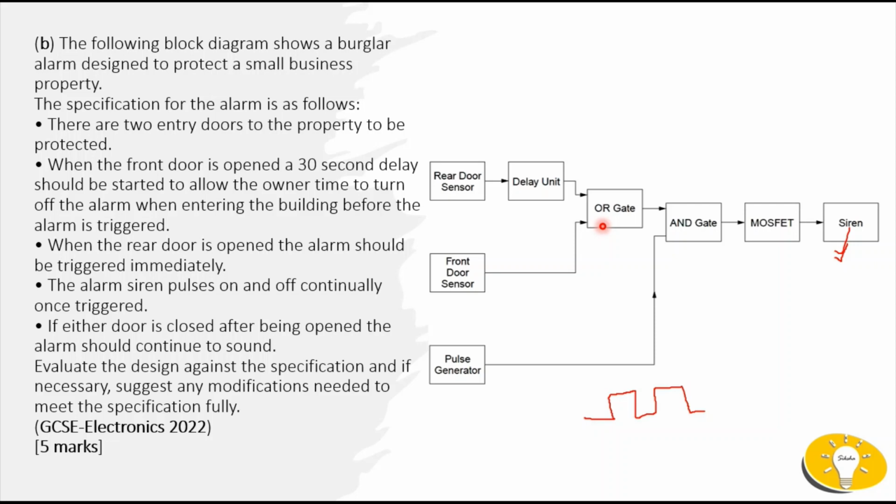Obviously you should find the good points: both doors have a sensor, which is required, which is a plus point. And we have already identified, I think, three limitations or problems in this block diagram. So let's have a look at the solution here.